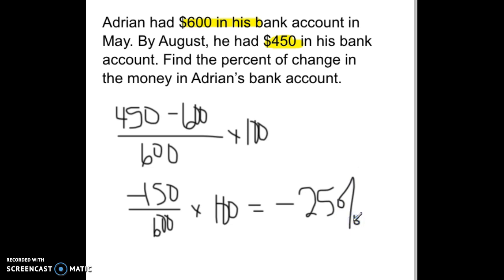So you can either say it's a negative 25% change, or you can say it's a decrease of 25%. Whatever you do, don't say it was a negative decrease because that's a double negative and that doesn't work. So remember, new minus original over original times 100.